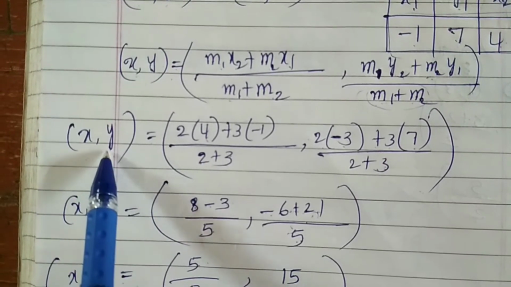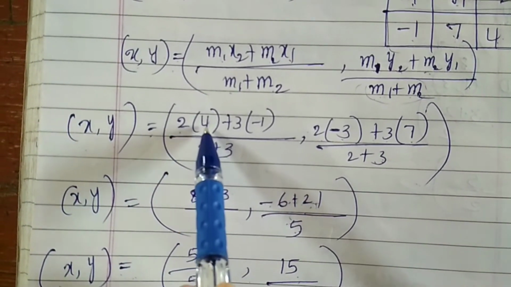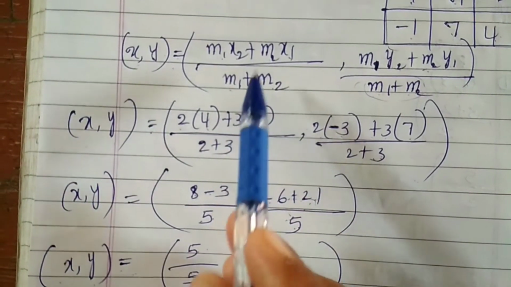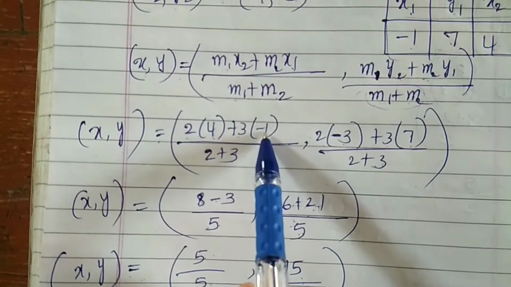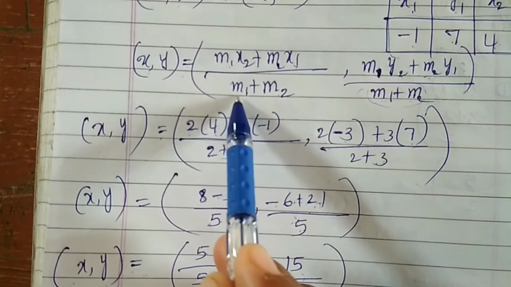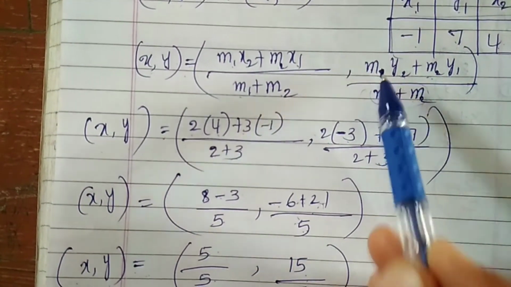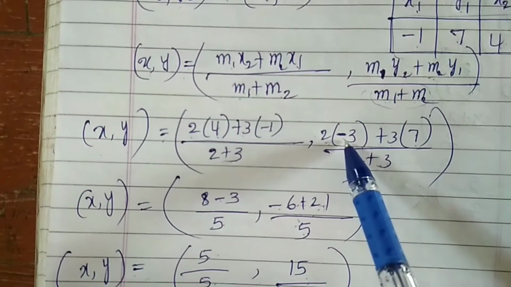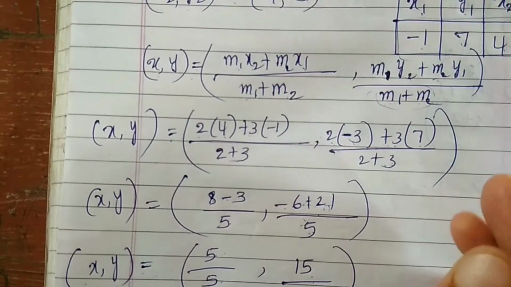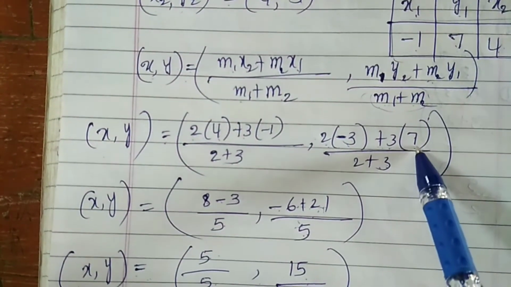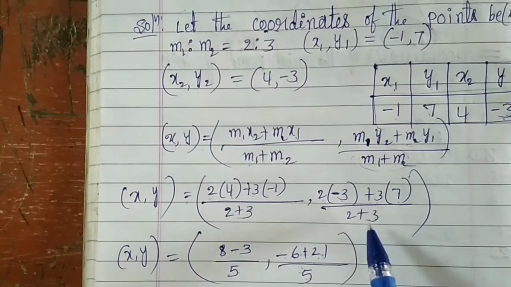X comma y is equal to 2 into 4 plus m2, means 3, into x1 is equal to minus 1, divided by m1 plus m2, which is 2 plus 3, comma m1 value 2, y2 value minus 3 plus m2 value 3 and y1 value 7 divided by m1 plus m2 is equal to 2 plus 3.